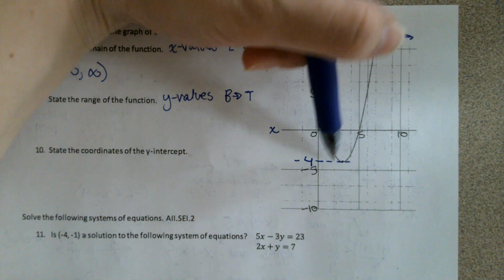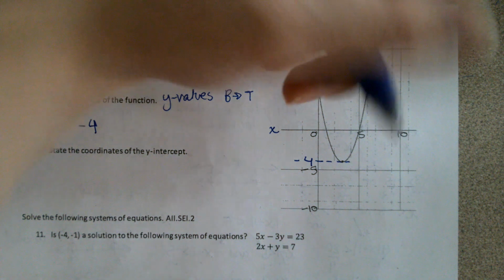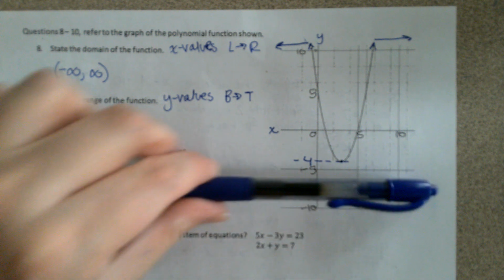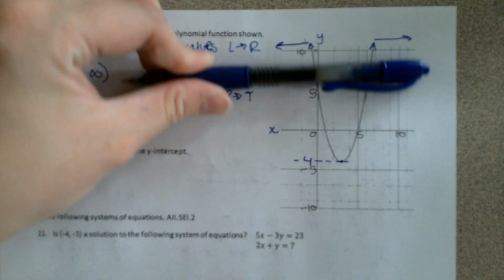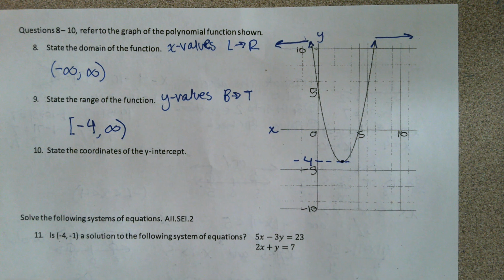So this is the lowest point on the y-axis. So we start at negative 4. It's a solid point here, so this gets a bracket. And then if we follow the graph upward, it continues going up on both sides here to positive infinity. So it's negative 4 to positive infinity.